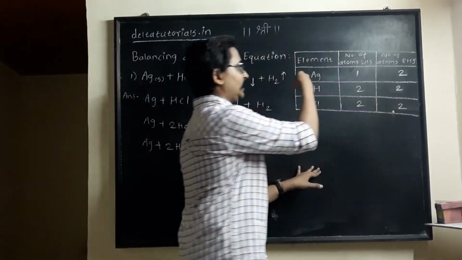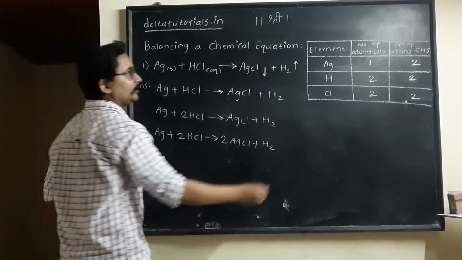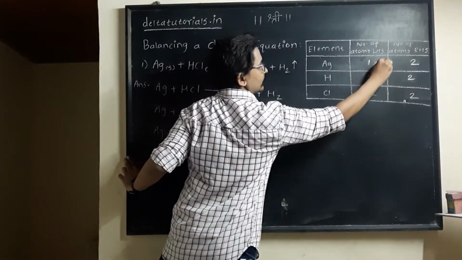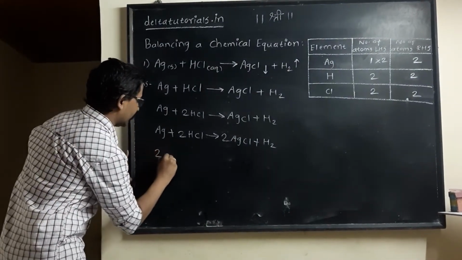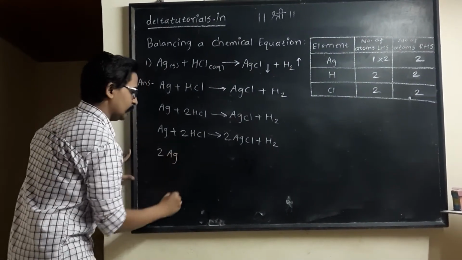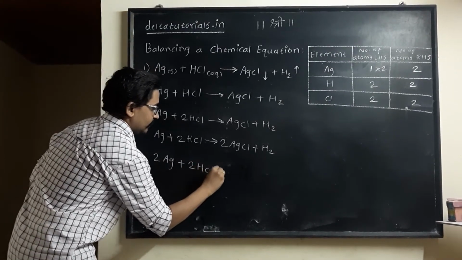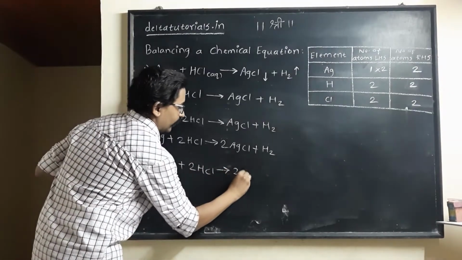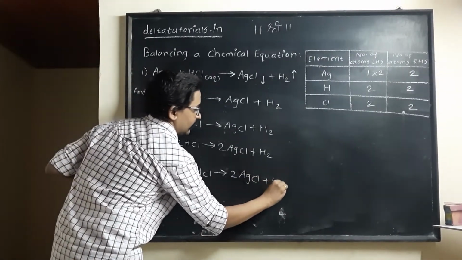Now we need to balance the silver. So again we will need to make this one into 2. So we will multiply this by 2. So our reaction will be 2 Ag plus 2 HCl. It will give 2 AgCl plus H2.